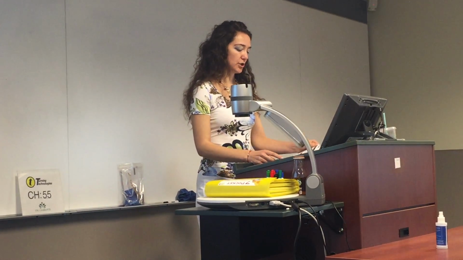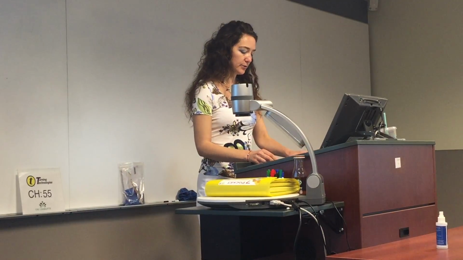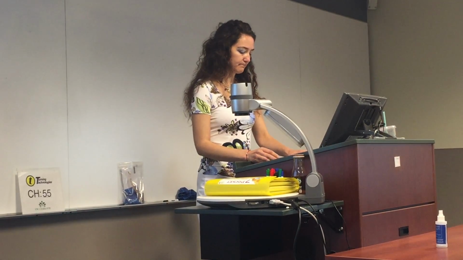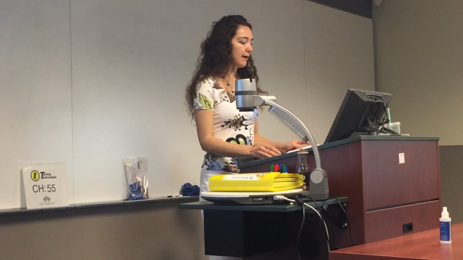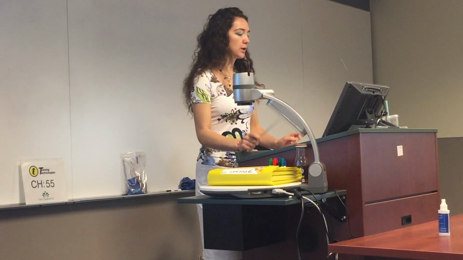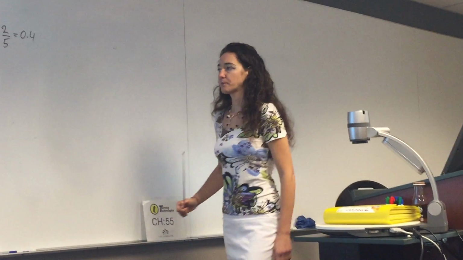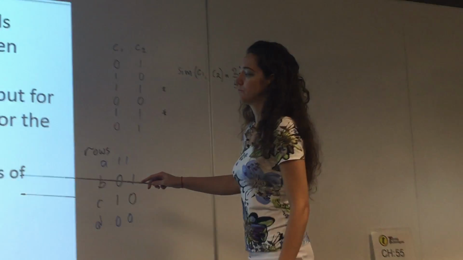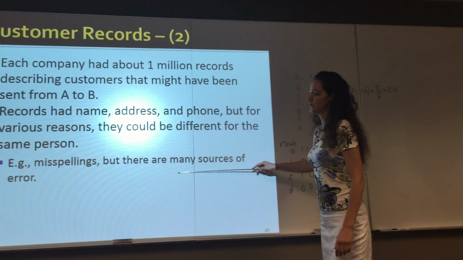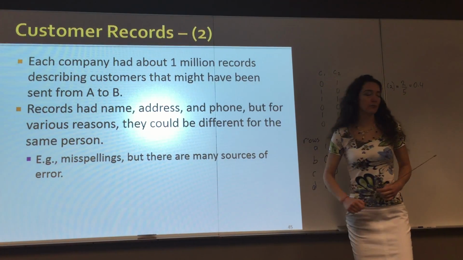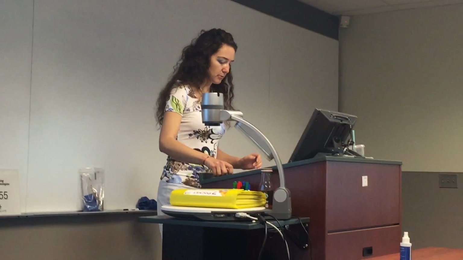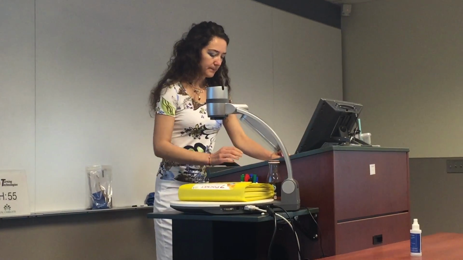So the first thing we want to do is to design some measure of how similar the records are. They could have some mistakes in them, so we can try to accommodate for those mistakes in our measure. They could be typos or incorrect information provided, or just easy information.